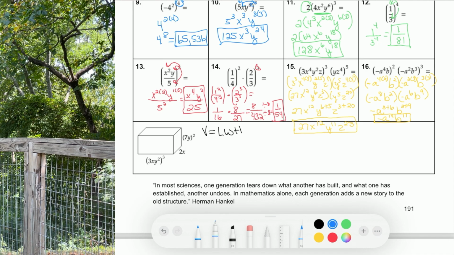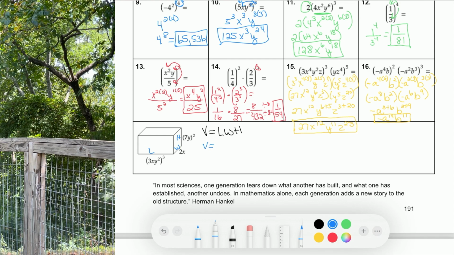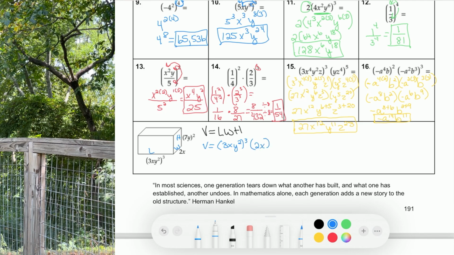Our length is here, our width is here, and our height is here. So I'm going to plug in now. So V equals 3xy squared to the power of 3 times 2x times 7y to the power of 2.